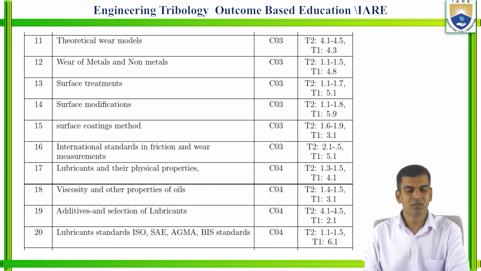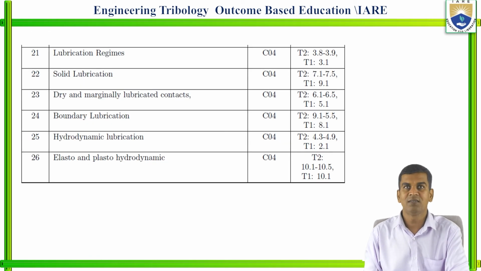Next, the seventh class: lubricants and their physical properties, viscosity, additives and selection of lubricants, lubrication standards, and the lubrication regimes and solid lubrication, dry and marginal lubricated contacts, boundary lubrication, hydrodynamic lubrication, and elastohydrodynamic lubrication. All these are related to CO4 and their respective textbooks are referred.